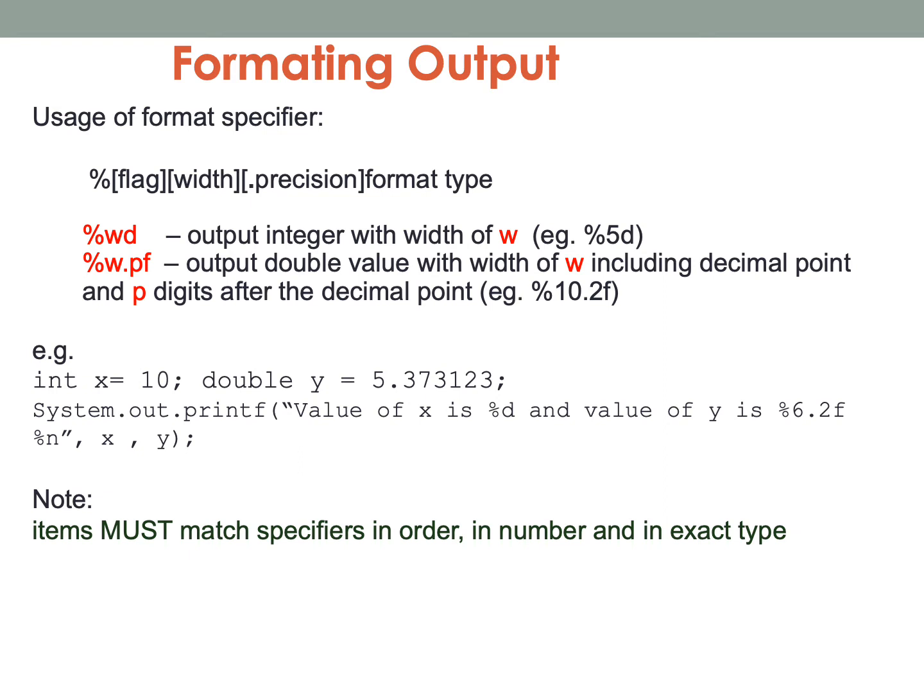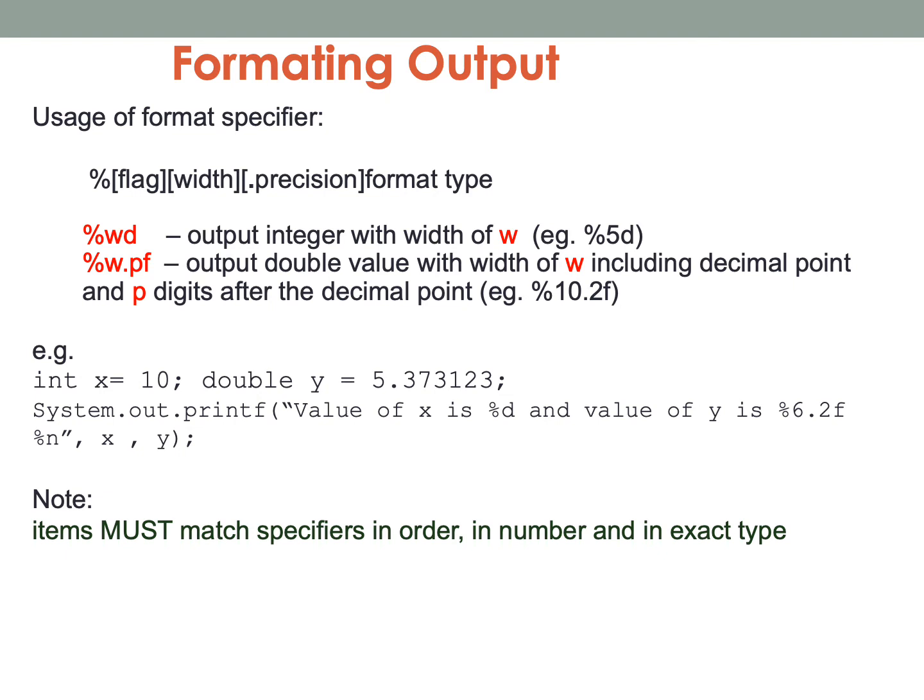And then we have the string, and value of y is %6.2f, where it refers to the value of y, which is 5.373123. So when you run this code, it will display a space and then 5.37.